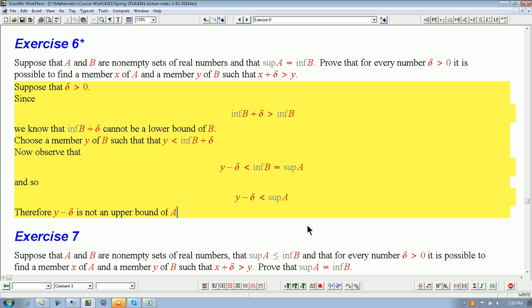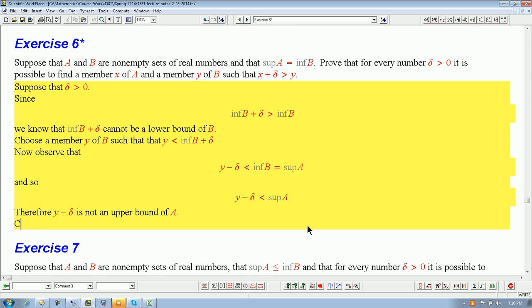Okay, what can you do with that information? A certain number is not an upper bound of A. What does that mean? There must be at least one member of A that is bigger.